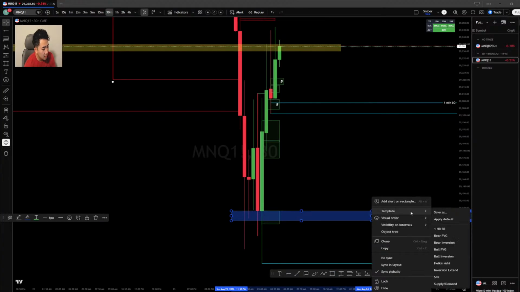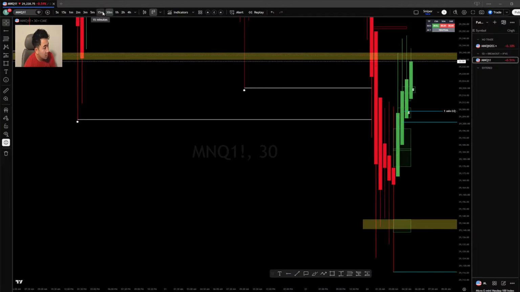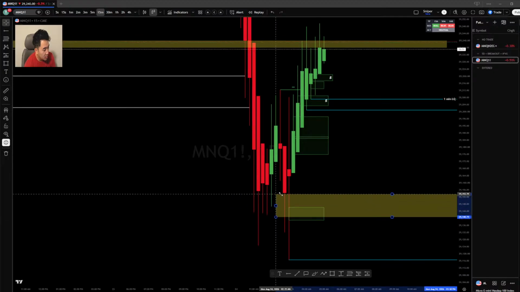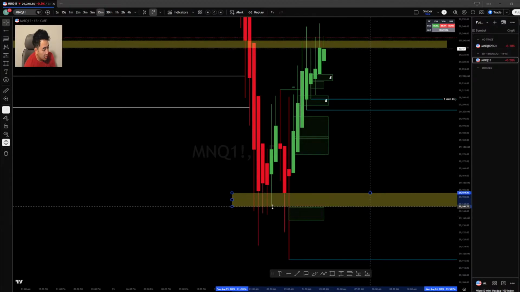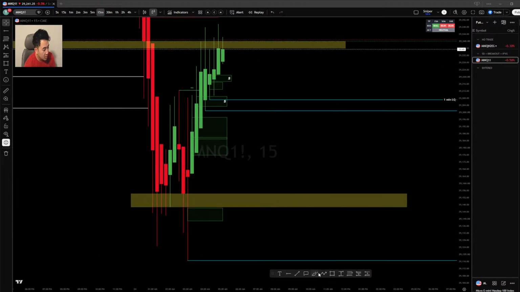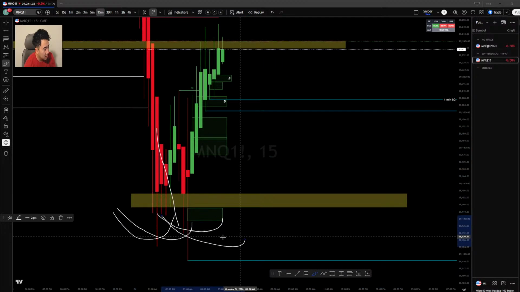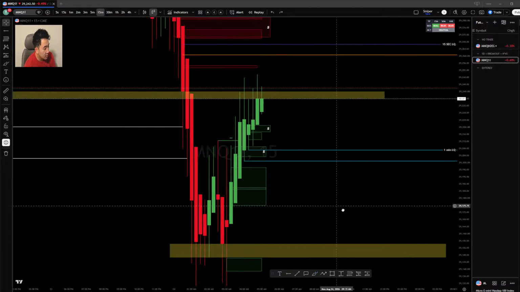Down here, on the 15-minute, price was unable to break through this level here. It just kept getting pushed down, but never closed down further.